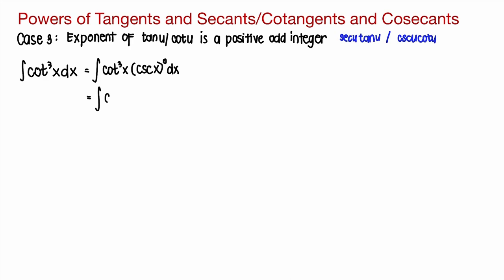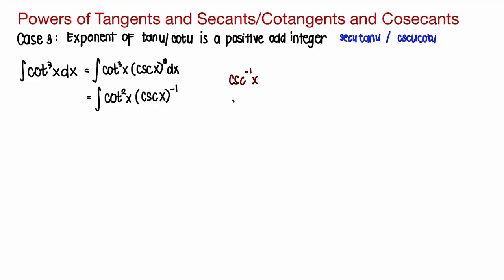So this will now be cotangent squared x. And this will now be cosecant x raised to the power of negative 1. So take note that I am not writing cosecant to the power of negative 1 x.